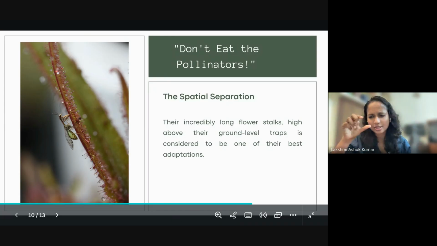If a Drosera is just coin size, the flower stalk would be at least 10 centimeters high. So the level is quite different from the trap. The flowers bloom very high or somewhere far away, so that they are safe and can pollinate well enough to produce seeds.